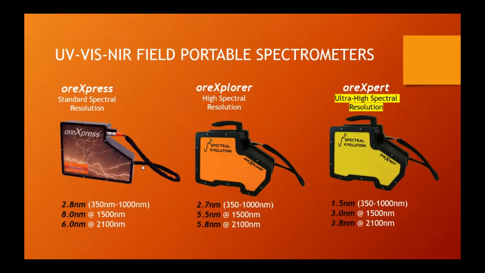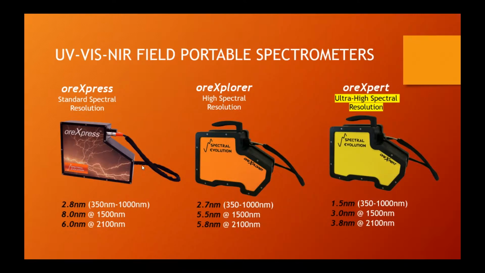These are the three different spectrometers that Spectral Evolution offers for the mining and geological research industry. They are full range, covering the ultraviolet, visible, and near-infrared regions from 350 to 2500 nanometers.